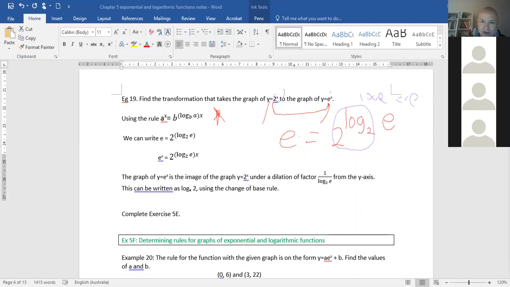So all I'm going to do is put my x here and put my x here, but I've got to keep that all in brackets. So there we go, put it in bracket, which is what I've got there. E to the power of x equals 2 to the power of (log 2 of e times x). Okay. Now we can get our dilation factor here. So graph of y equals e to the x is obtained from this graph under this dilation.